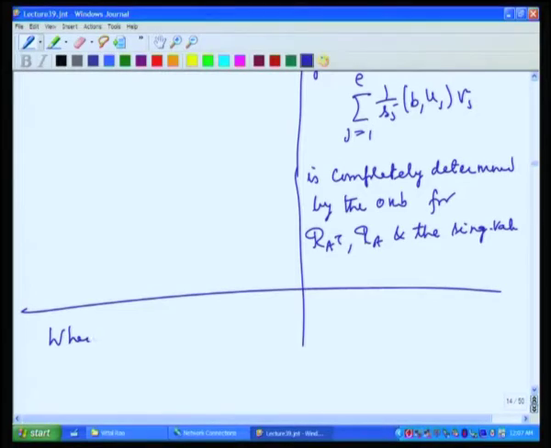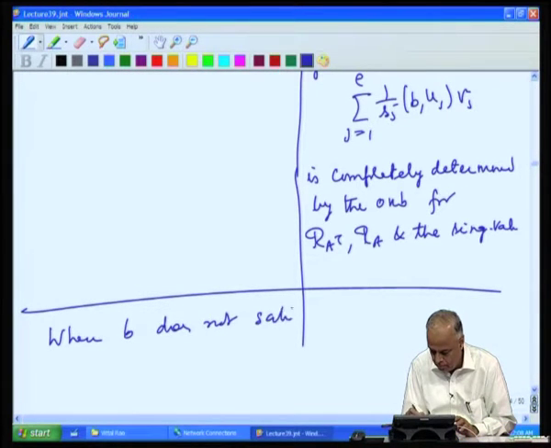So, let us write again the case when B does not satisfy the consistency conditions.